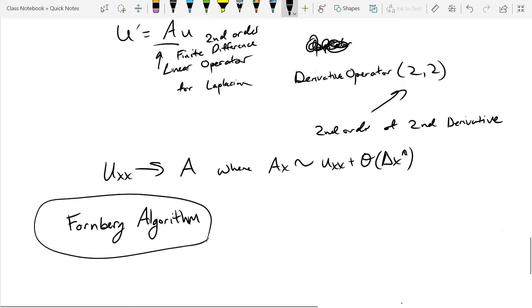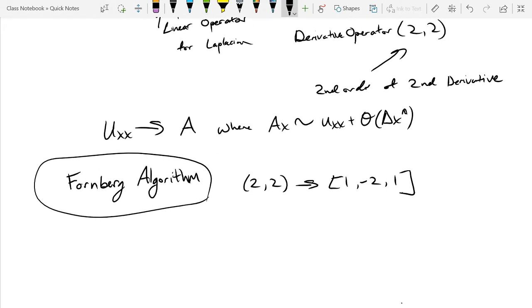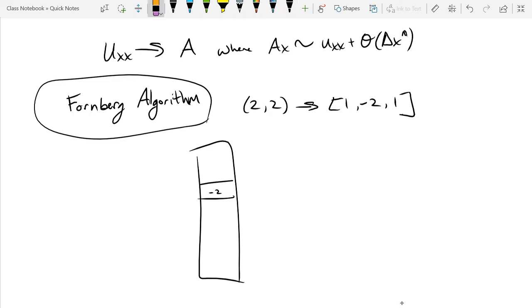What it does is it tells you that if you want the second derivative at second order, then it spits out that this 2 of 2 is this stencil 1, minus 2, 1, which you then apply as though it's a banded matrix to U. So this 1, minus 2, 1 says that's how you go through each part of the array: you take this guy in the middle, we minus 2 him, we plus 1 here, we plus 1 here, then we go to the next one down and apply that stencil. So that's the second order one.